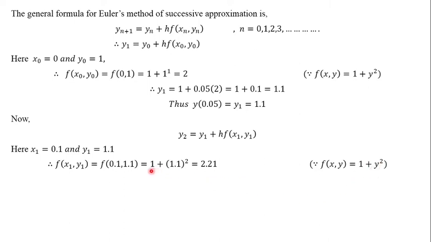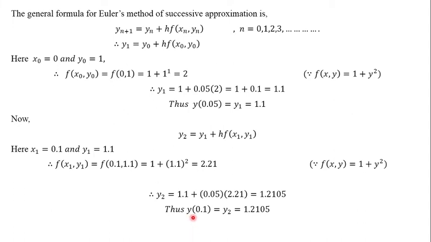So that will give you 1 plus 1.1 bracket square, and that is 2.21, which is your f at (x1, y1). So in this formula, put y1 is 1.1, h is 0.05, and f of (x1, y1) is 2.21. So you will get y2 is this, and this is 1.2105.